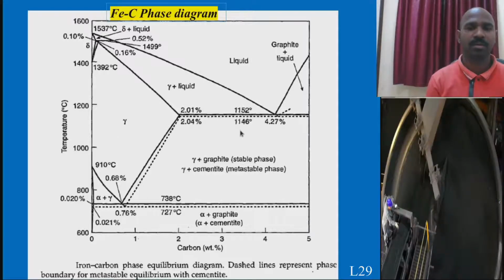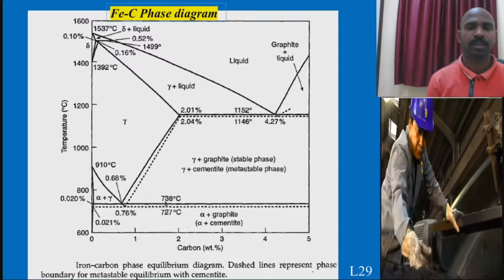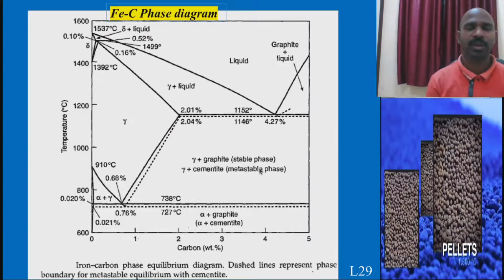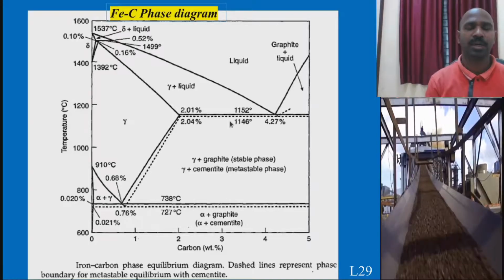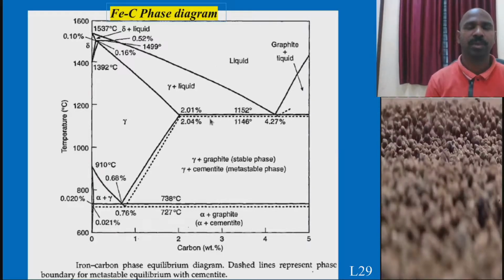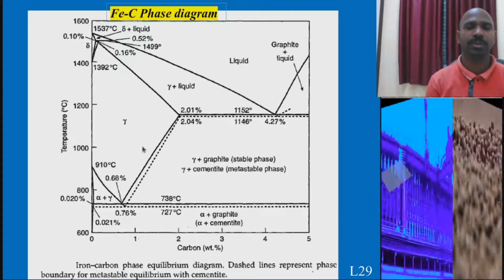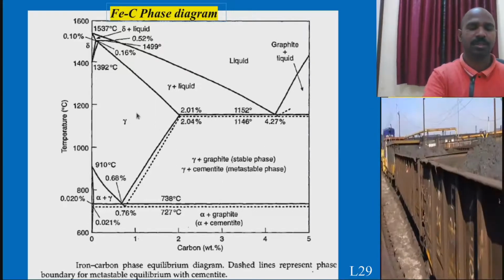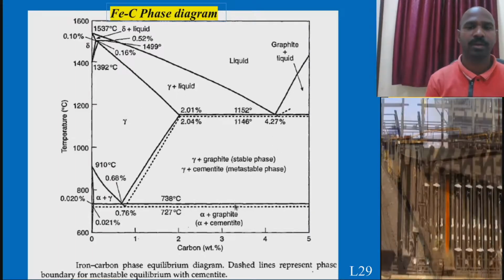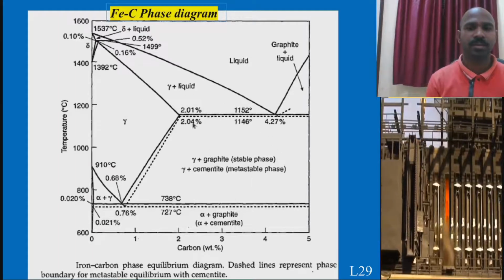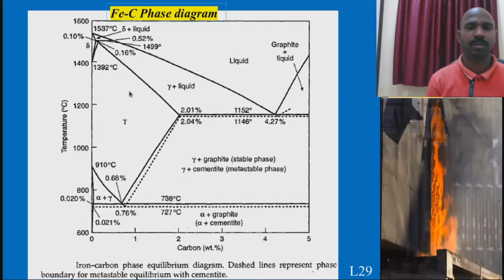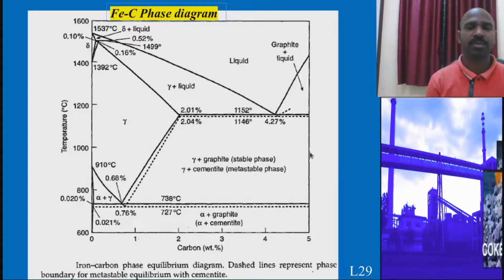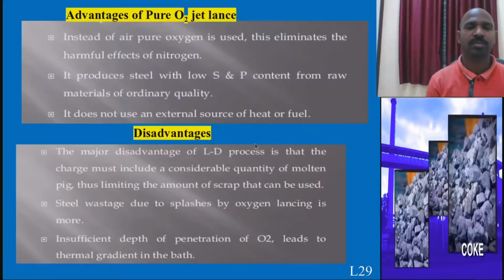Further, if you want to increase the carbon, the recarburization step of secondary steelmaking can be adopted. If you want to get pearlite or austenite phases, you need to adopt further heat treatment to convert from the parent phase of austenite to pearlite, martensite and bainite. This parent steel can be modified using heat treatment and secondary steelmaking.